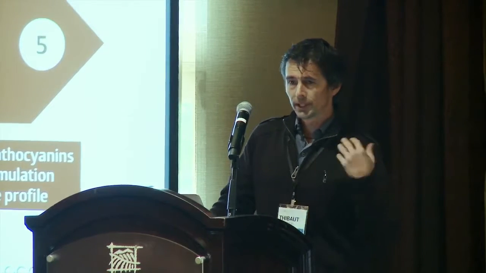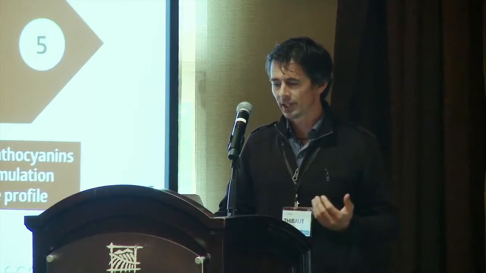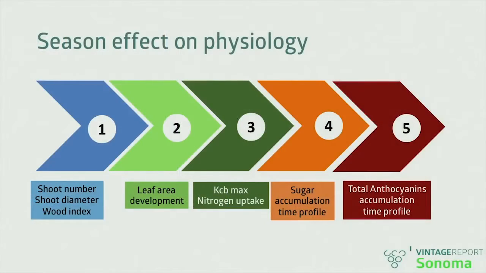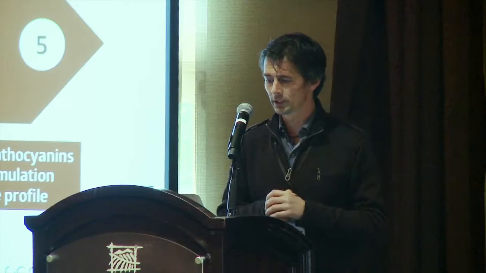And to keep on discussing according to this timeline, we have a battery of plant indices that we can monitor the variations thereof in order to understand earlier on the footprint of the season. Typically during phase 1, we can look at wood indices such as shoot number, shoot diameter, or the fusion of the both, which is the wood index.